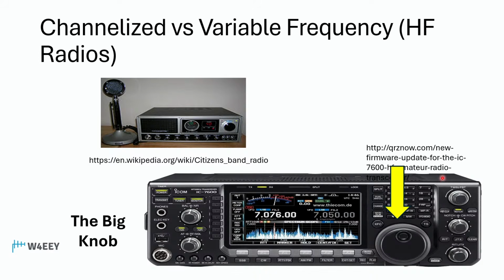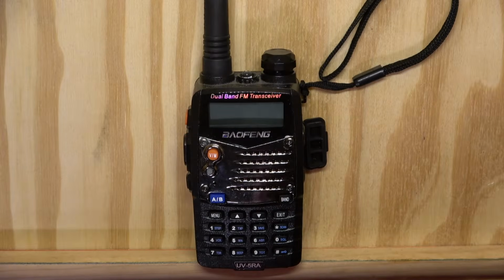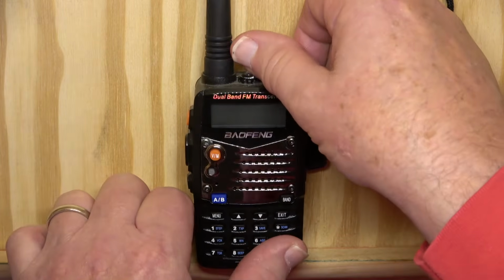Now, on HF radios and on CB radios, you will find squelch controls, and they're not as common on HF transceivers as they are on CB or even HTs. So a squelch control, well, if we go over to my handy talkie, let's go to the calculator cam. I got out the venerable Baofeng UV5R.